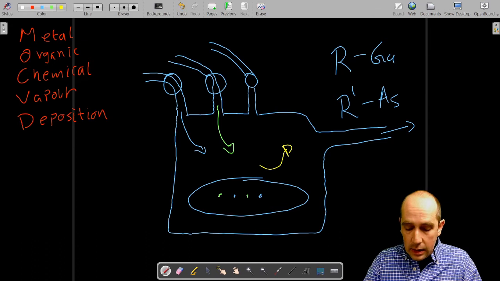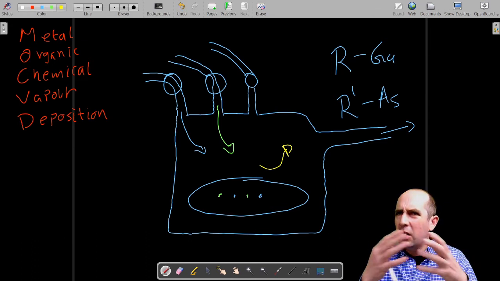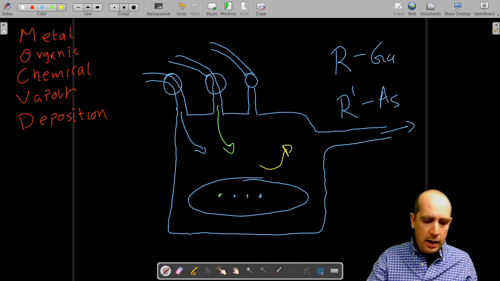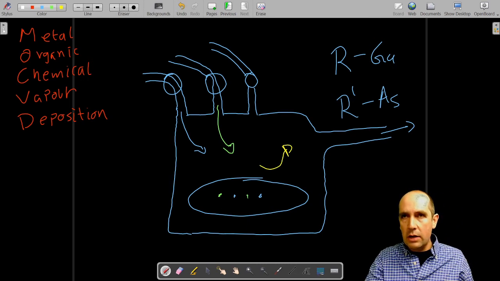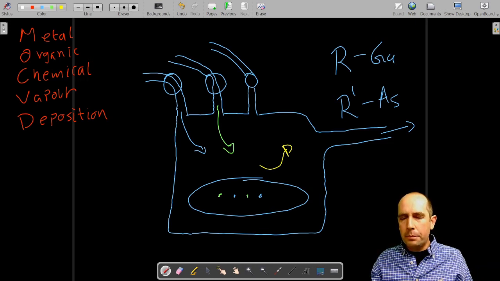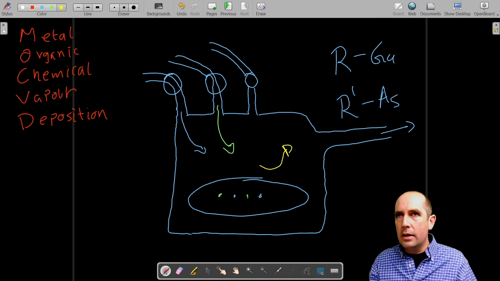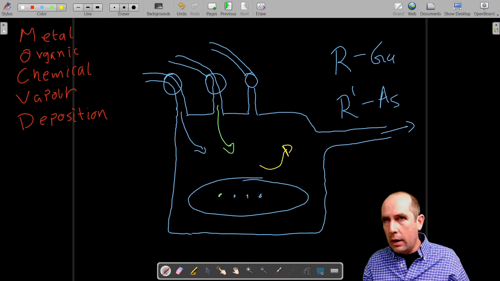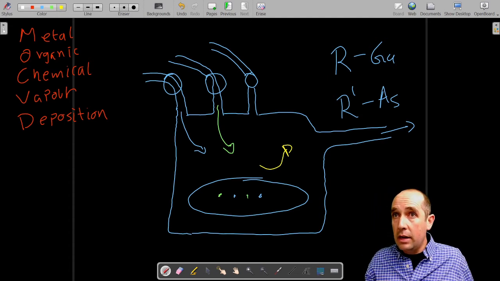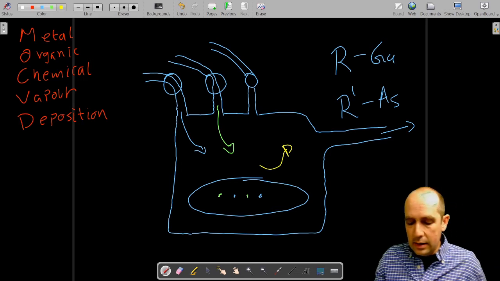So, in summary, as I said, there are variations around this. You can add, for example, plasma here or a plasma generator in the reactor just to speed up or more or less catalyze the reactions that happen in the reactor or have a little bit more control over the reaction. But the idea is this in the end.